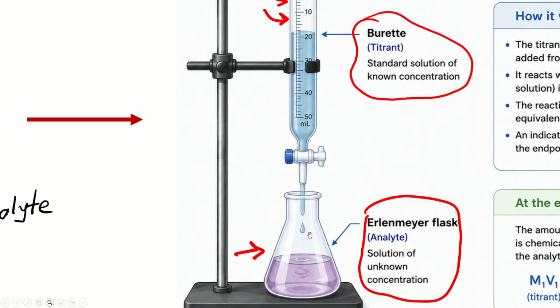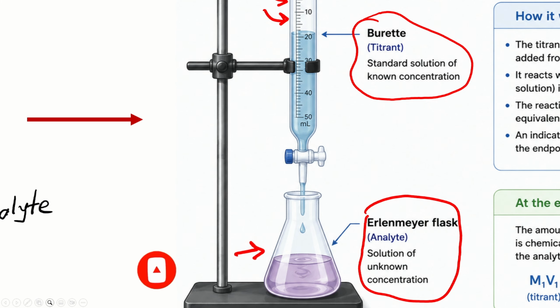When it goes into the Erlenmeyer flask, which contains the analyte, there's going to be a chemical reaction between the two, because the analyte and the standard solution are usually acids and bases. Whenever we're doing an acid-base titration, one of them is an acid, another one is a base.